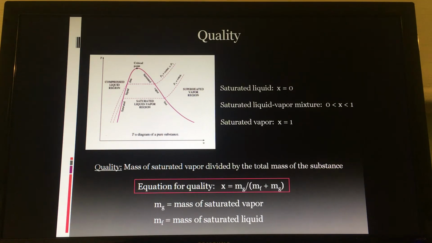This equation for quality is just based off the definition, and it tells us that the quality of a saturated liquid is 0 and the quality of a saturated vapor is 1. But if a substance is a saturated liquid vapor mixture, then it'll have a quality between 0 and 1. So here it's 0, here it increases, and it goes to 1.